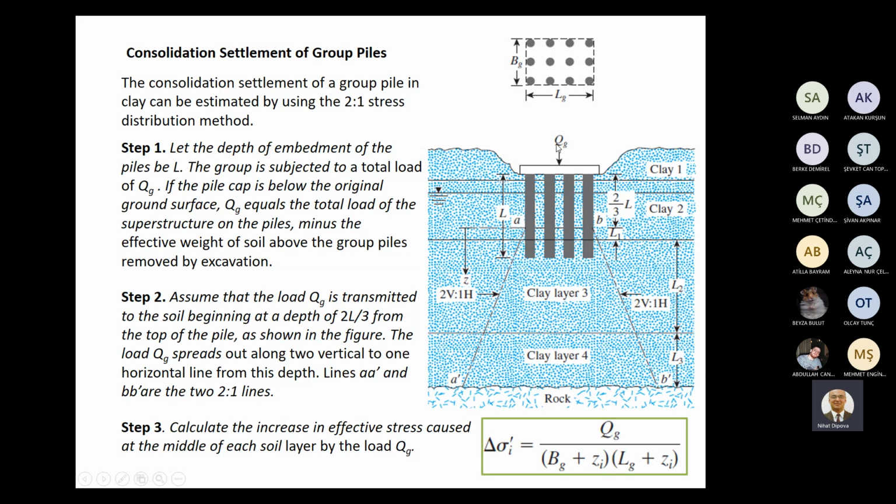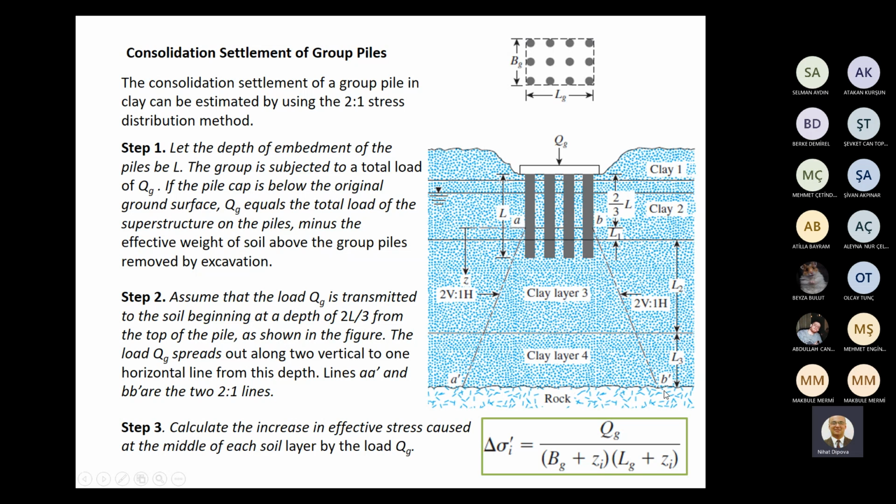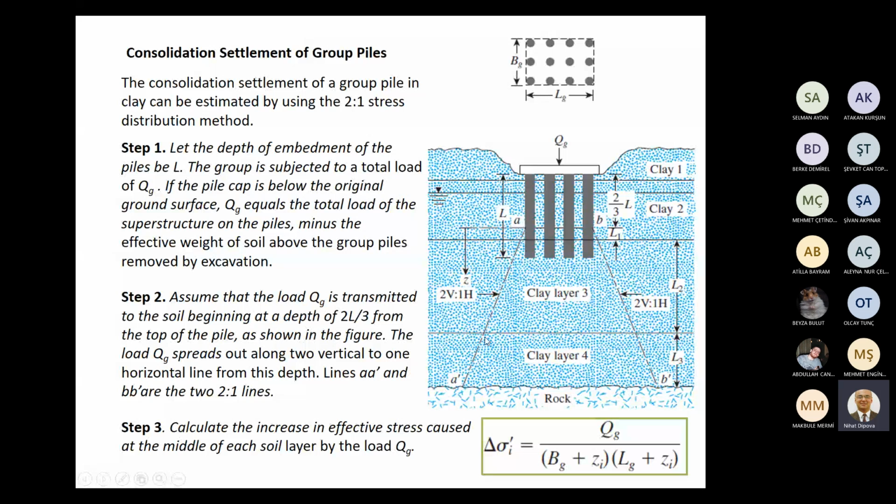And Q sub G is transmitted to the soil from under this AB line. The load Q sub G spreads out along two vertical lines, A prime and B prime, having two vertical, one horizontal slope.